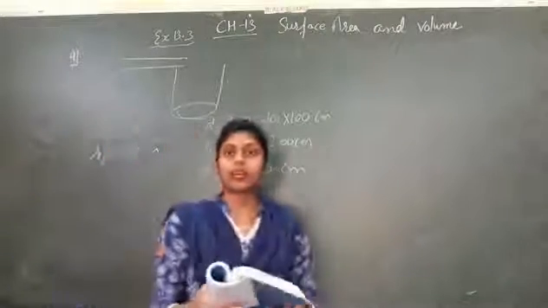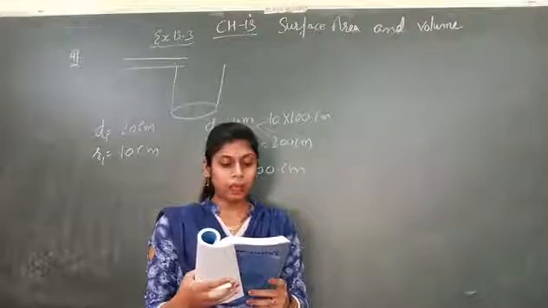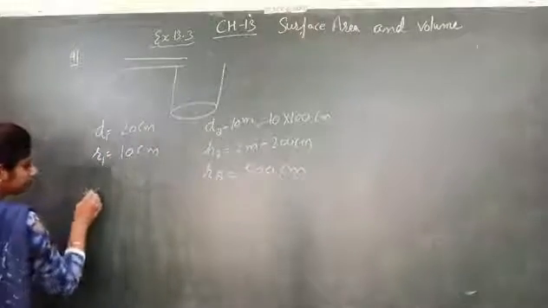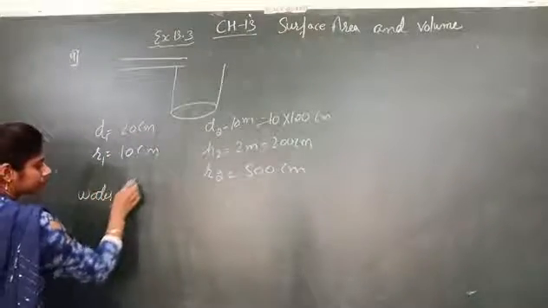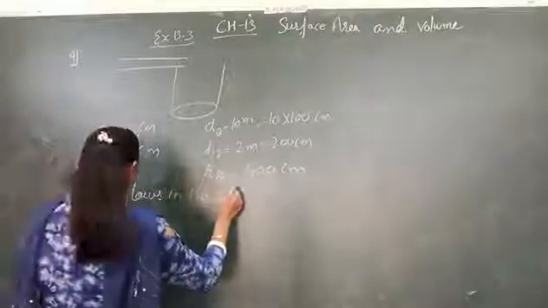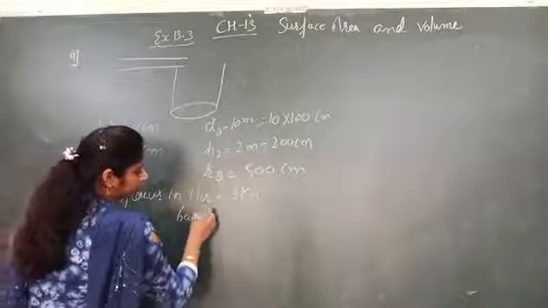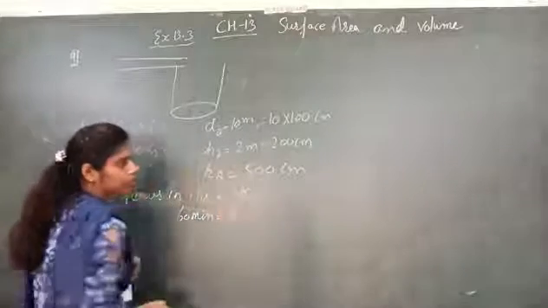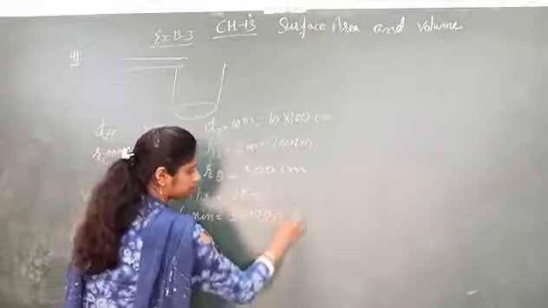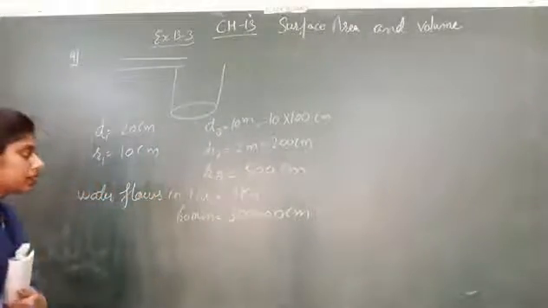Now here radius is given but height is not given. Height is equal to length, for which the speed is given. If the water flows through the pipe at the rate of 3 km per hour, so water flows in 1 hour, 3 km, which means in 60 minutes. Convert kilometer into centimeter: 3 km is 300000 centimeters.